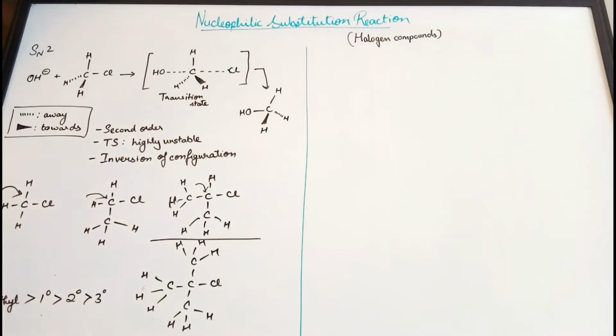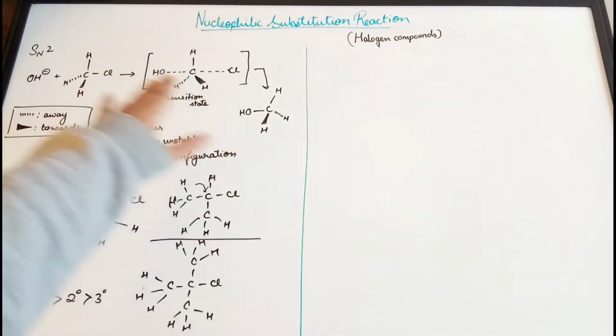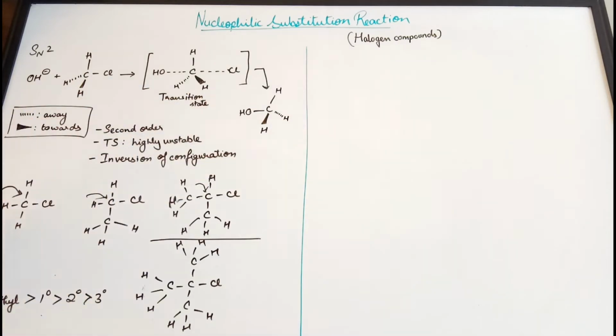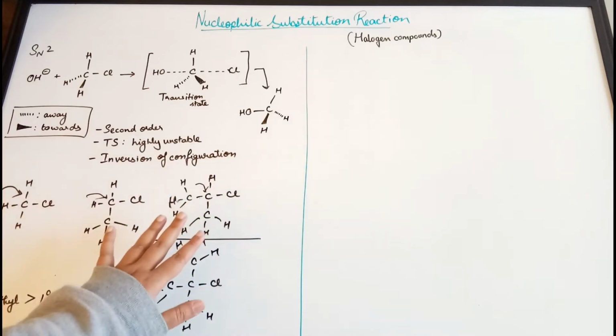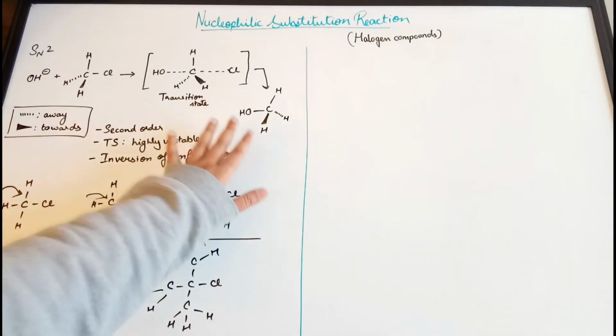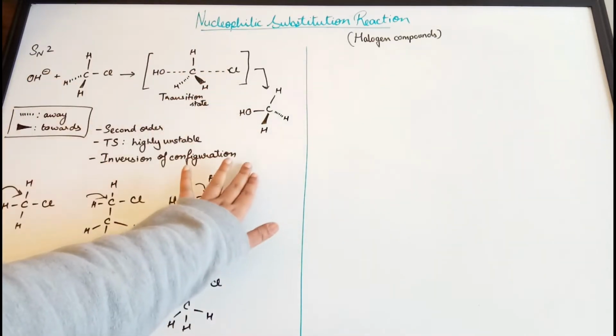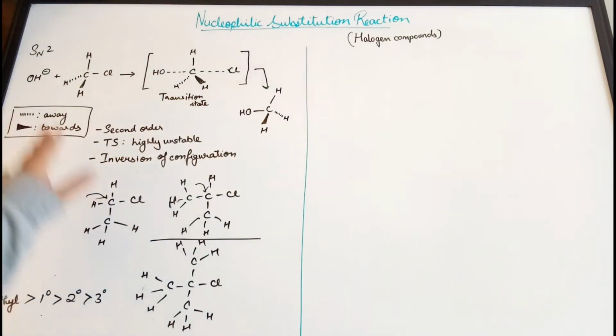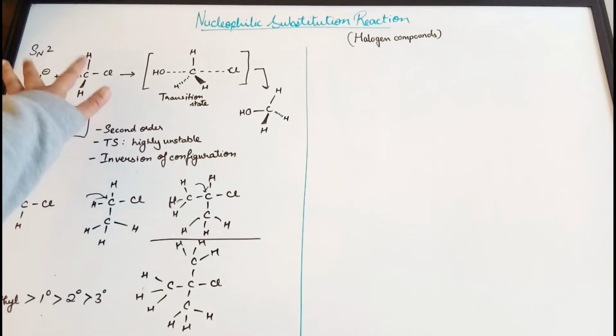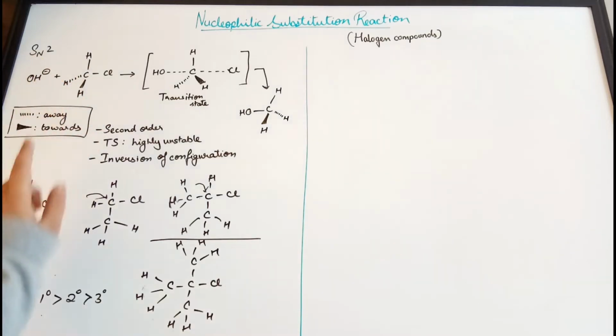Okay, so for SN2 we started with the basic reaction, where you have the replacement of the chlorine with the OH minus or the OH group, and so you're getting an alcohol. So it's a second order reaction, and the rate of the reaction depends upon both the nucleophile as well as the alkyl halide.